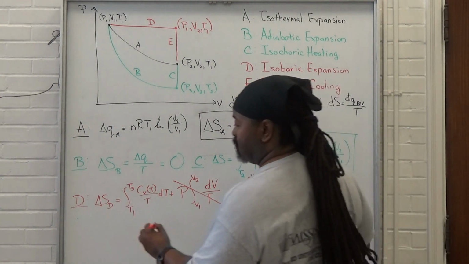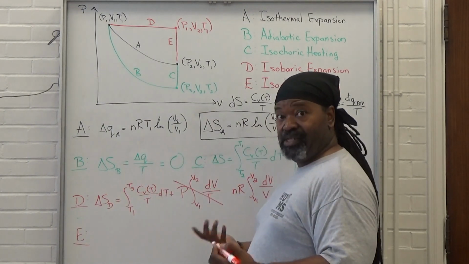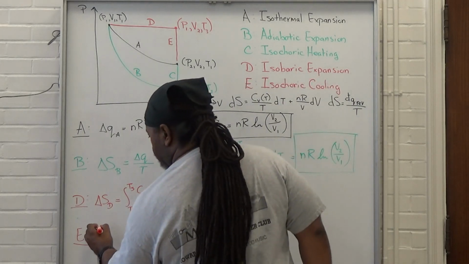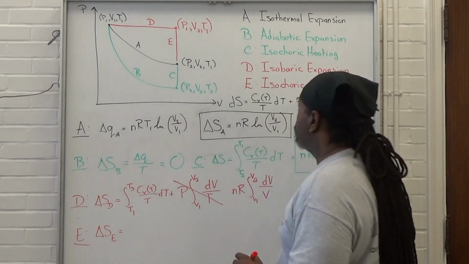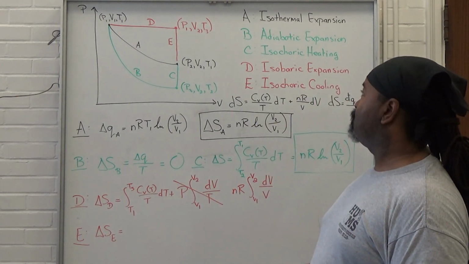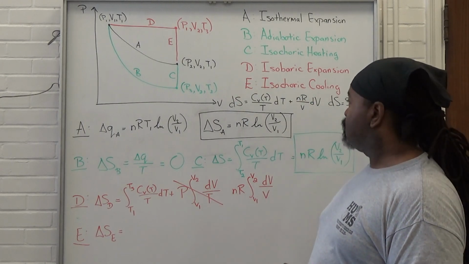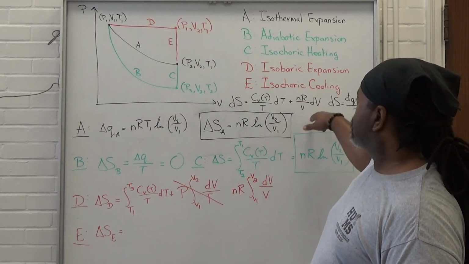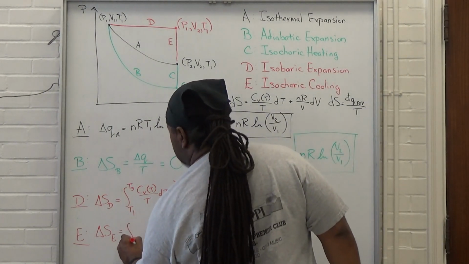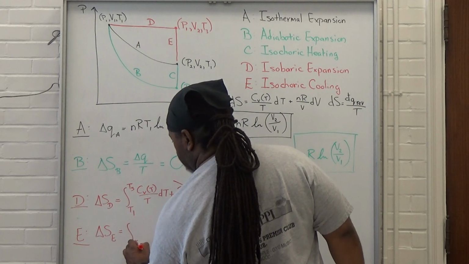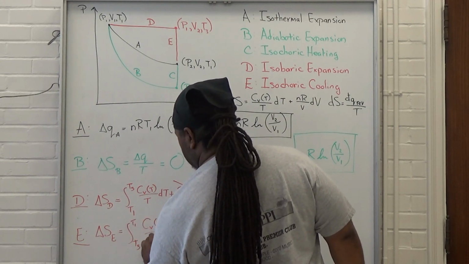Now we just need to look at part E, because we're going to add all of these up together. So delta S for path E. We can make a lot of the same arguments, but because it's isochoric, our volume doesn't change, so the second part goes away. What we're left with is the integral as we go from T3 to T1 of CV over T dT.